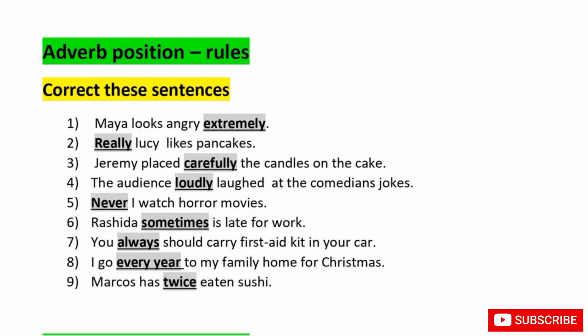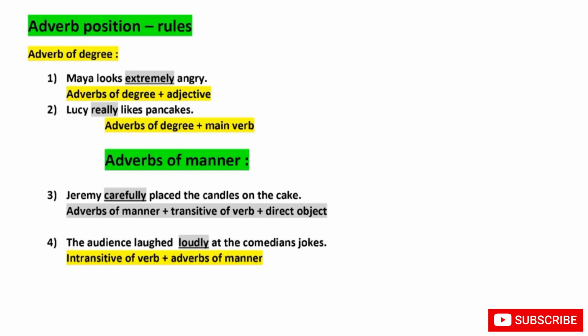The first 2 sentences have adverbs of degree in them. In number 1, the sentence should be, Maya looks extremely angry. This is because when an adverb of degree, extremely in this case, modifies an adjective, like angry, the adverb should come first. So adverb first, then adjective.